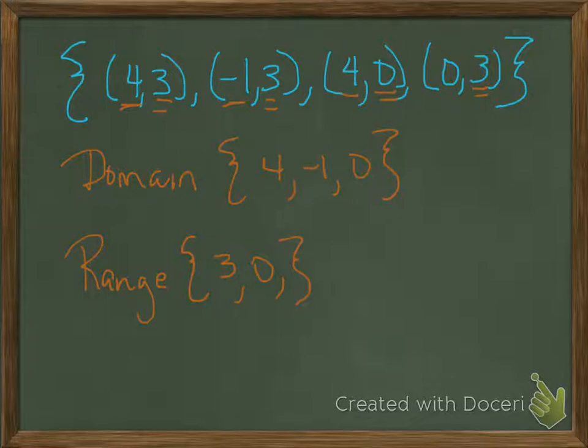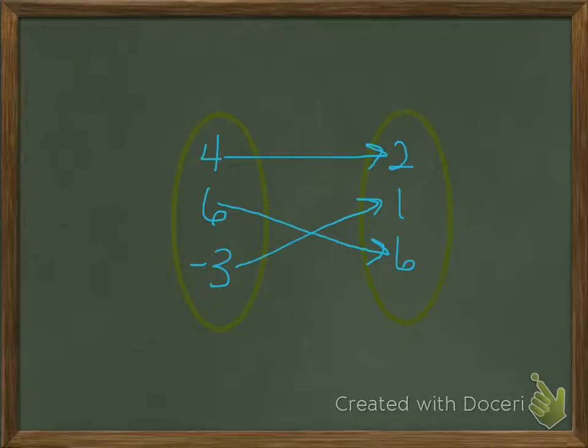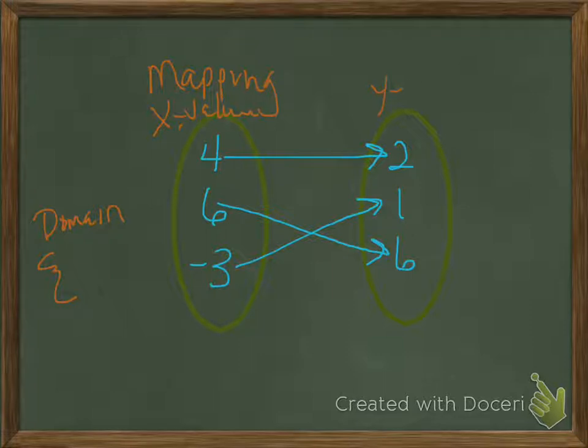All right, let's look at it on a mapping. If you remember from Monday, this is called a mapping, and this is actually one of the easier ways to find your domain and range. Here, my domain is already listed for me. My domain is my x values, and remember on a mapping, your x values are always in the first circle and your y values are in the second one.